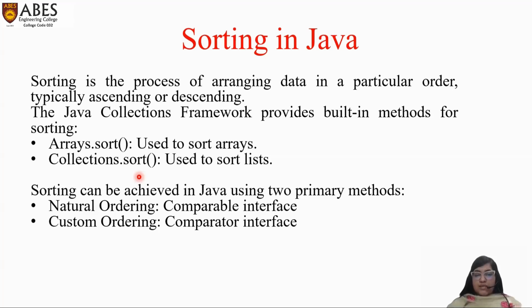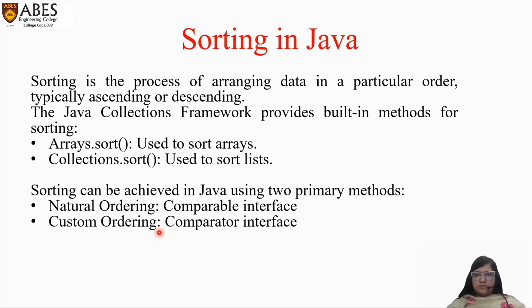Sorting can be achieved in Java using two primary methods: first, natural ordering, and second, custom ordering. To perform natural ordering in sorting, we use the comparable interface. And to perform custom ordering, we will use the comparator interface. So in this video lecture, we will discuss the comparable interface and comparator interface in detail.